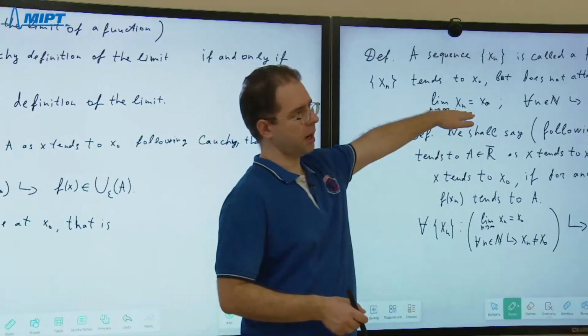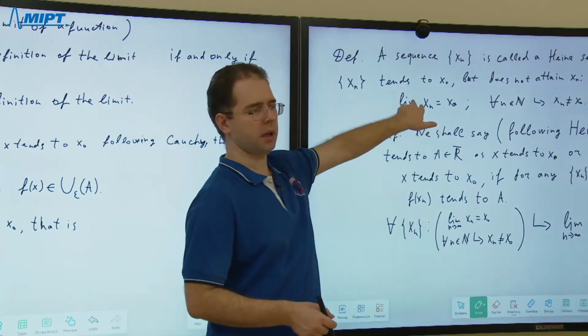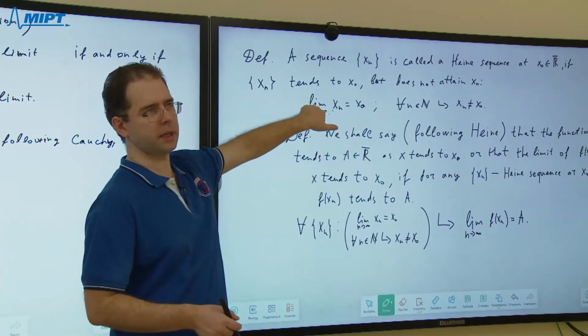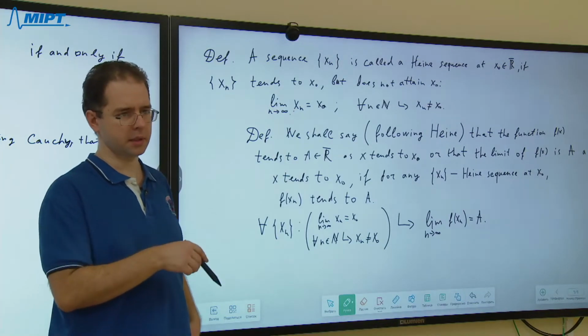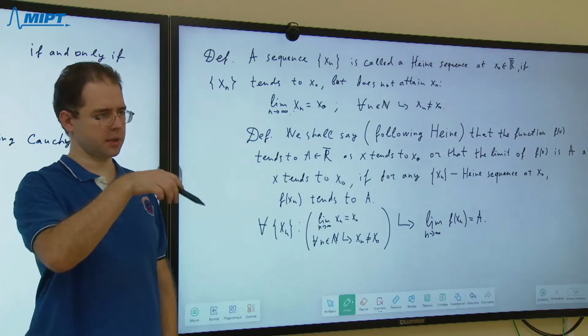Usually in the definition of a limit of a sequence, we use epsilon as the number that is greater than 0.